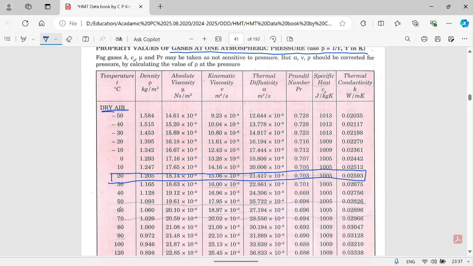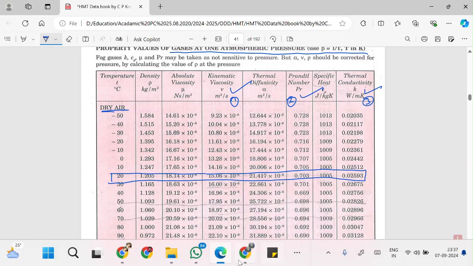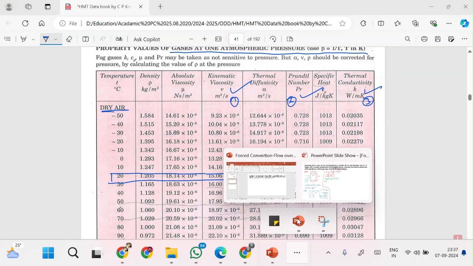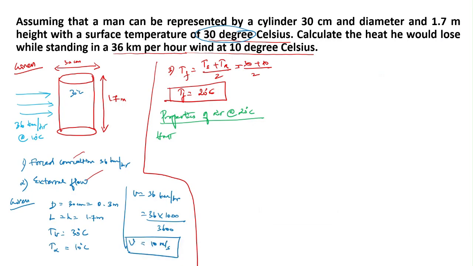Particularly in forced convection, the properties required are first the kinematic viscosity, second the thermal conductivity, and third the Prandtl number. These three properties are important for forced convection, so please note them down. From the data book, thermal conductivity K is 2.59 into 10 to the power of minus 2 watt per meter Kelvin.